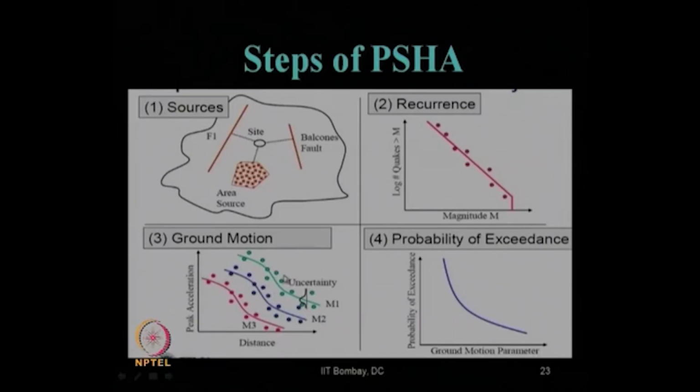Now, within each of them, for every source, source 1, 2, 3, we have to select the percentage of probability of occurrence of a particular event within each of them. Then we can arrive at the probability of exceedance of a particular value of this peak acceleration based on our ground motion parameter. That will be our final result.